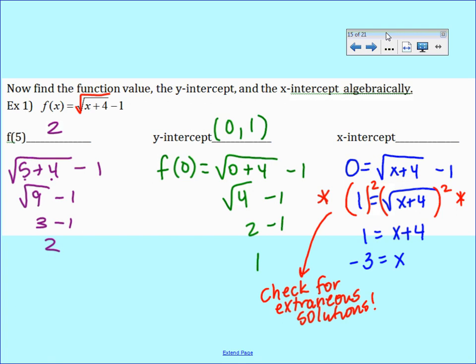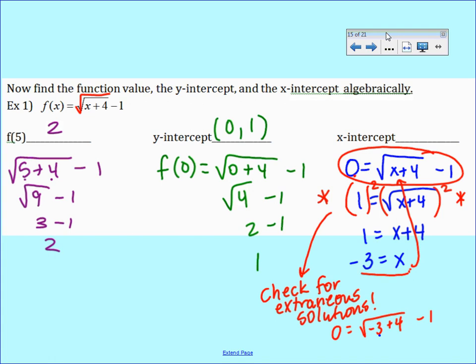How do we check for extraneous solutions? The answer you got for x. Good. You're going to take this negative 3, plug it back into this original equation that we were solving, and make sure it really does give you 0, or it really does equal whatever it's supposed to equal on the other side. So plugging this back in, what's negative 3 plus 4? 1.